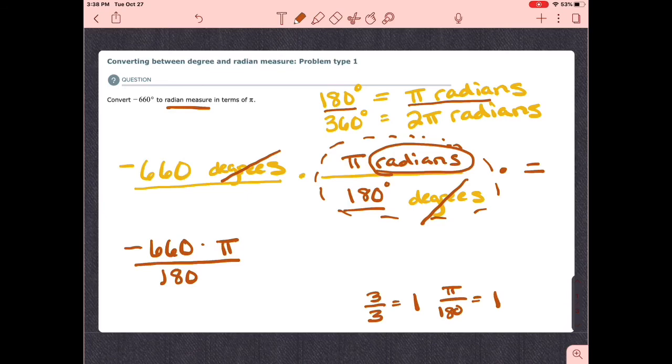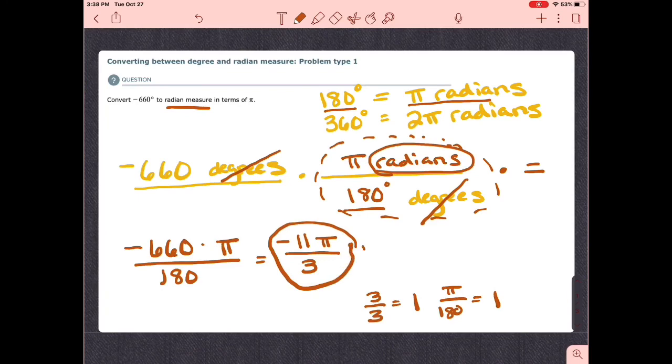If you're using a TI, I think that's in the button called Math. You can find that, but it simplifies to be negative 11/3. And then that pi is just still there. So this is negative 11 pi over 3, and I have converted this to a nice simplified fraction.